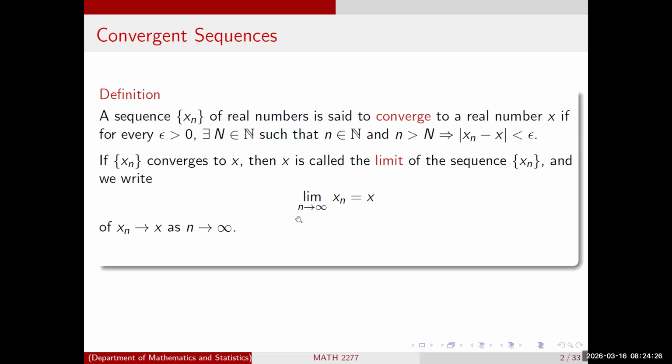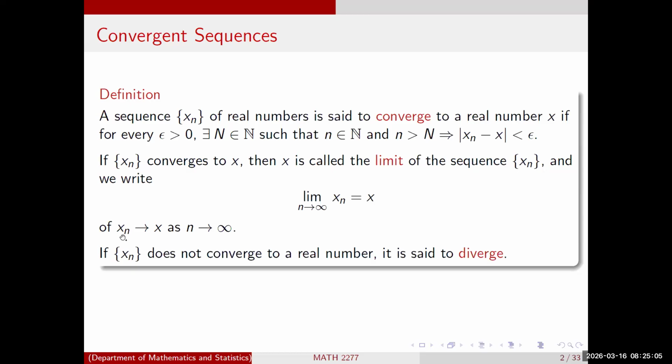When you're dealing with a function, x could approach 5, 7, 100, or -5. For a sequence, n always goes to infinity. So the limit of xn as n goes to infinity is equal to x. Another very common way of writing this is simply xn goes to x as n goes to infinity.